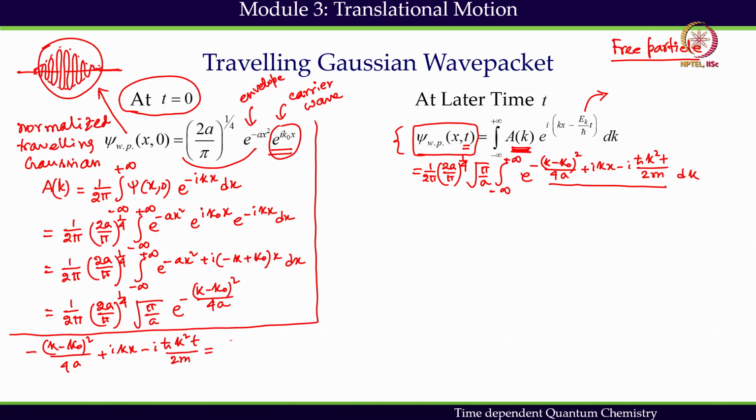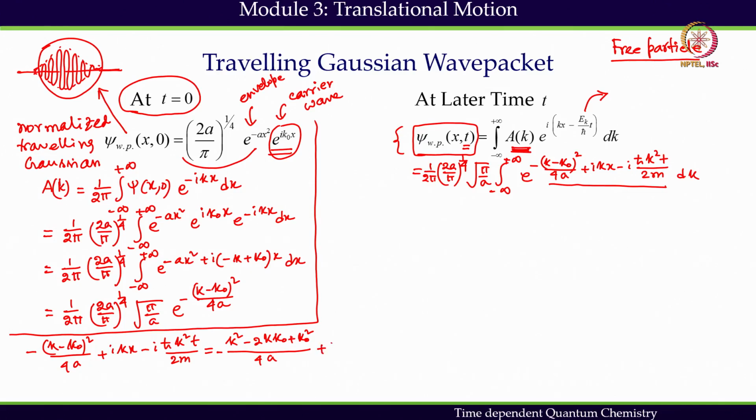What I'll do, I will just rearrange this one a bit. k square minus 2 k k0 plus k0 square divided by 4a. I have a negative sign here.